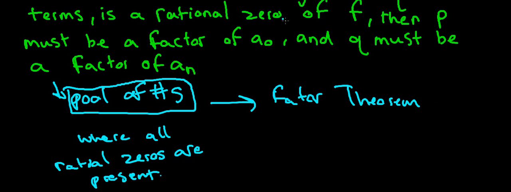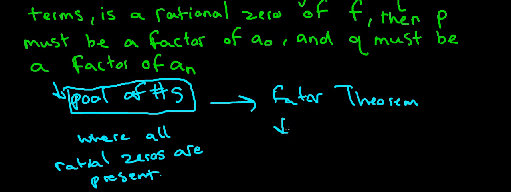So that's the general idea of it. We come up with a pool of numbers where all the zeros are in. We don't know which of these numbers it is, but we can use our factor theorem to figure out which one of those numbers it is. Because if we factor it and we get a remainder, then it's not a factor. So remainder, that's crappy.